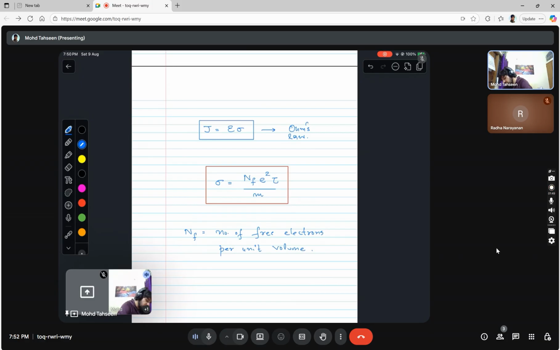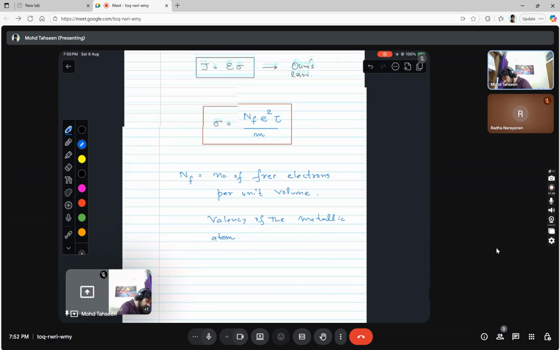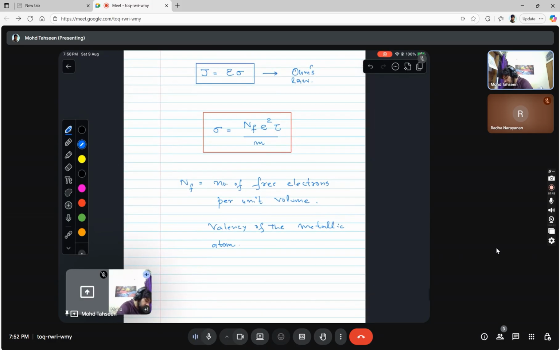So what does it depend on? It depends on the valency of the metallic atom. And what else does it depend on? That's pretty much it, right? And maybe the density of the metal, right?